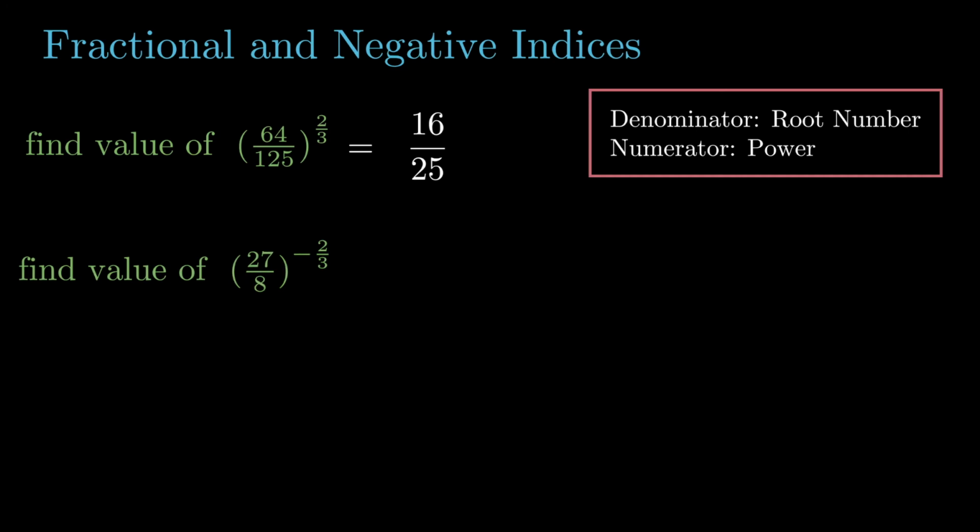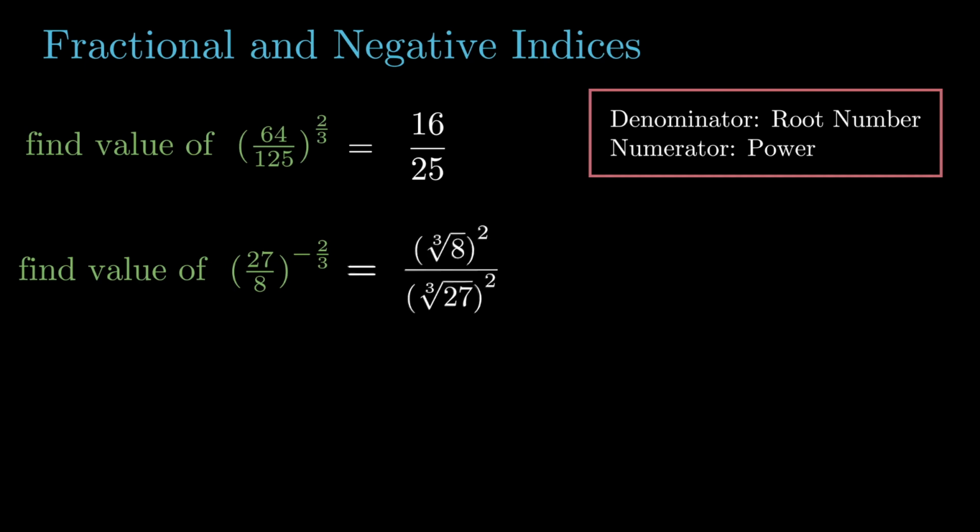Find the value of 27 over 8 to the power of minus 2 over 3. And the first step is get rid of the negative indice, and the way we do that is by flipping it. So we got 8 over 27 to the power of 2 over 3. And same as before, we have to do the numerator and the denominator to the power of 2 over 3.